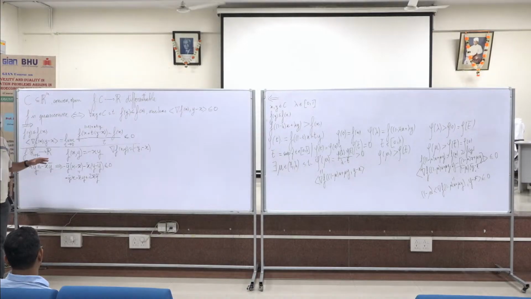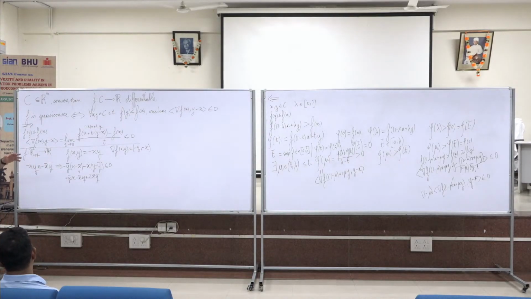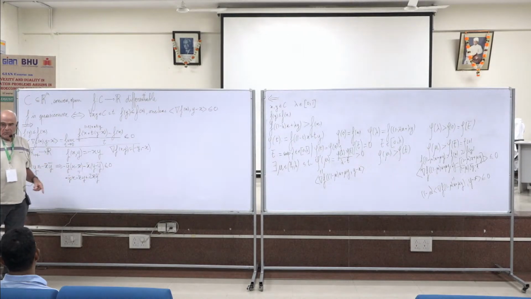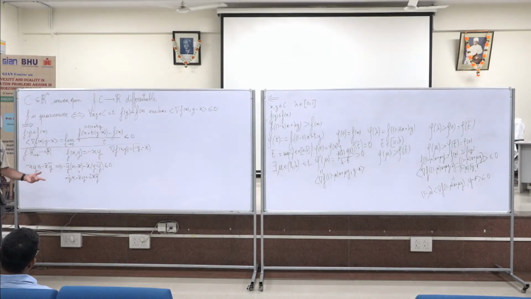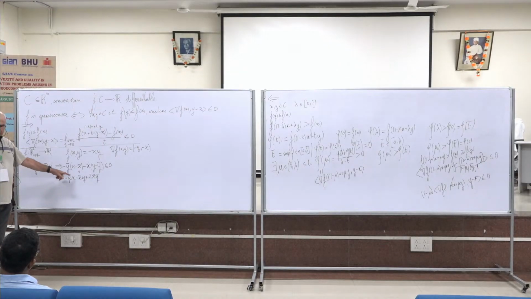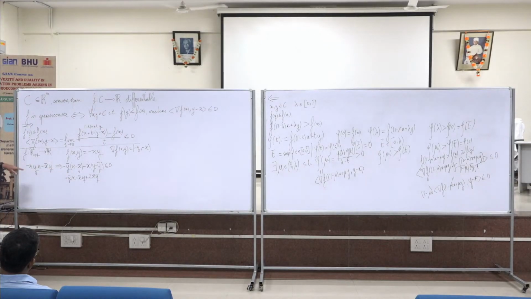X bar and y bar are fixed. X, y are variables. So we have to prove that on this set of points x, y satisfying this inequality, this is less than or equal to 0. But this, as a function of x and y, is a linear function. So we have to maximize this function over this set. We can do it very easily by using Kuhn-Tucker theorem, KKT theorem, or whatever you want.